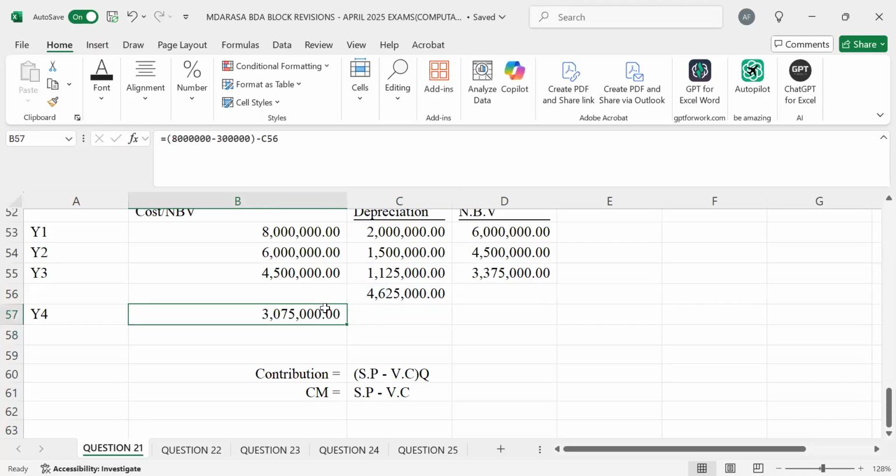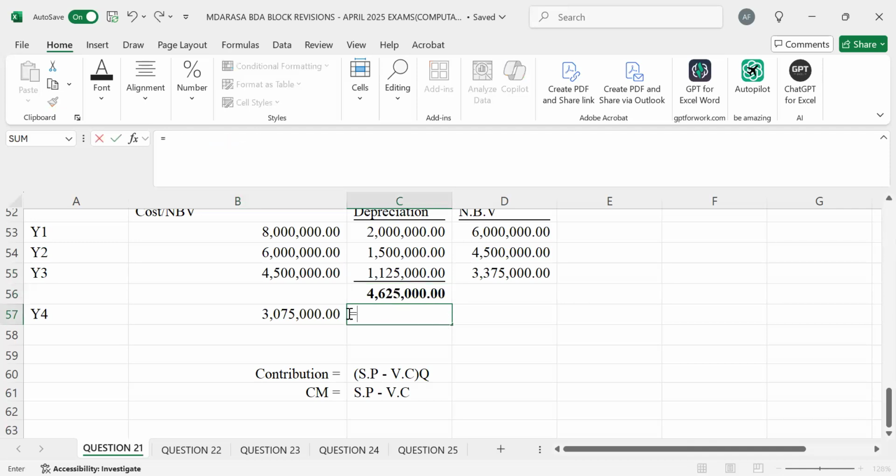So this is the amount that we should be having as at the beginning of year, for which we are going to claim the whole of this amount on that year, as per what the good examiner had told us. We are going to claim the whole of that amount in year 4.